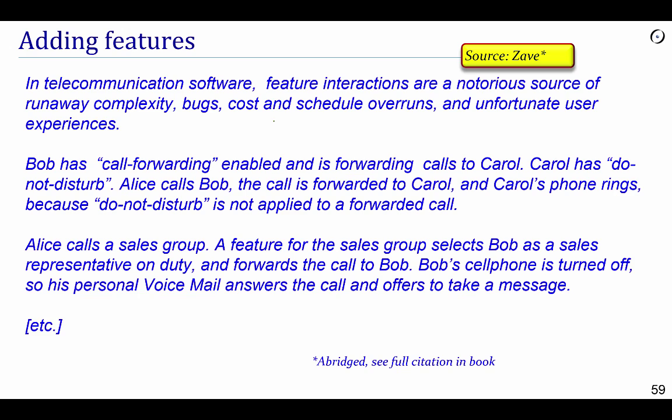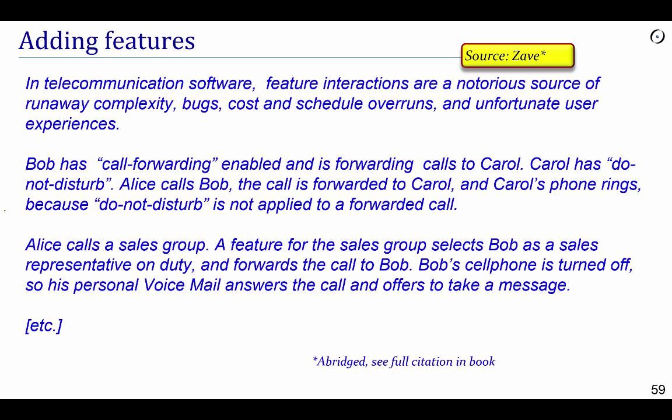So call forwarding and do not disturb. Well, one person has call forwarding, and his assistant has do not disturb, and the two features have not been planned together. So someone calls Bob, the call is forwarded to Carol, and Carol's phone, which shouldn't ring, does, because do not disturb is not applied to a forwarded call, and everyone had missed that.